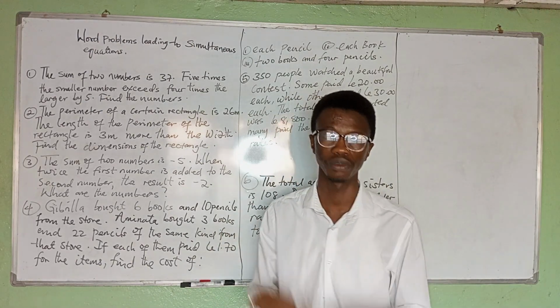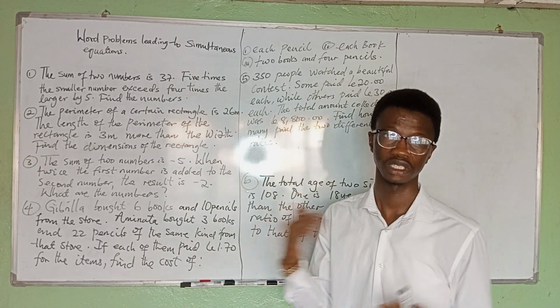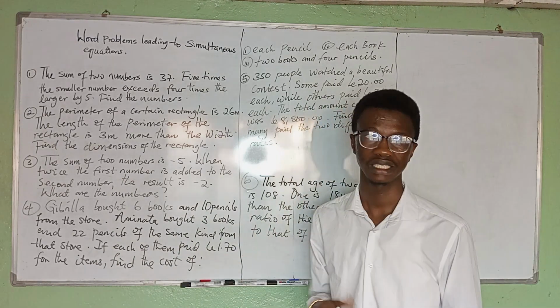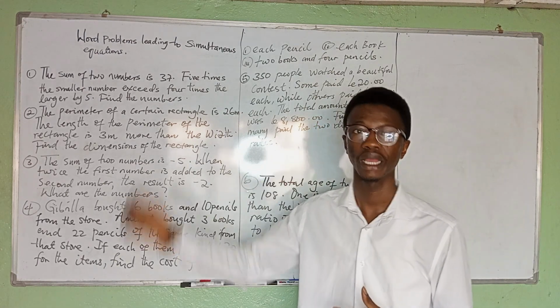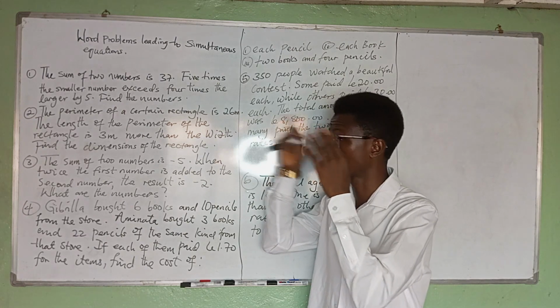You take variables to represent particular numbers. At the end of the day, once you get the answer, it's just the number you are thinking of. So let's look at the first question.